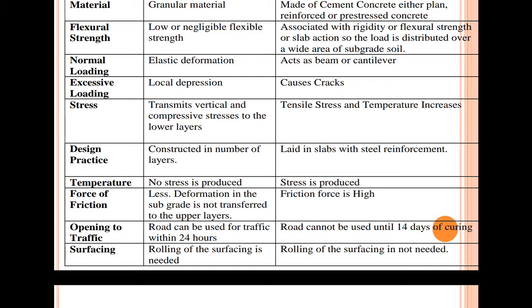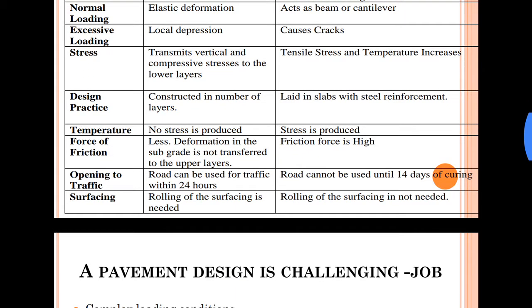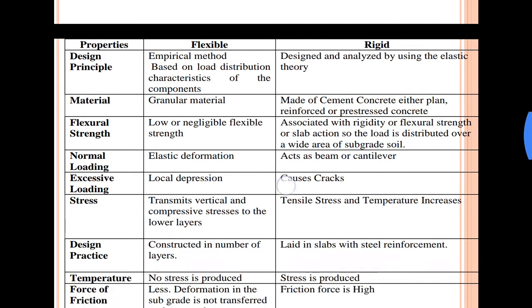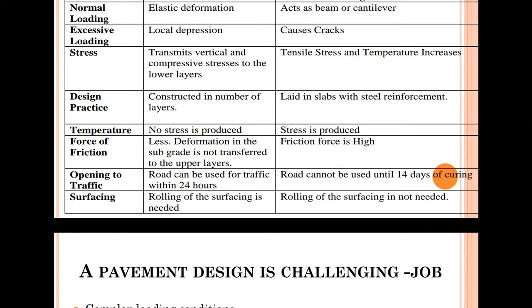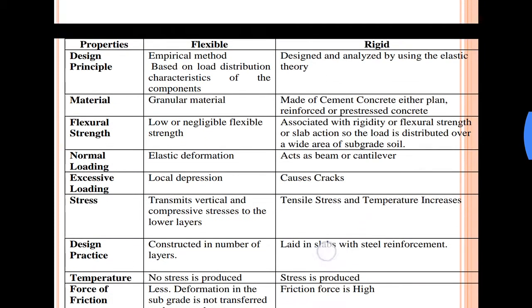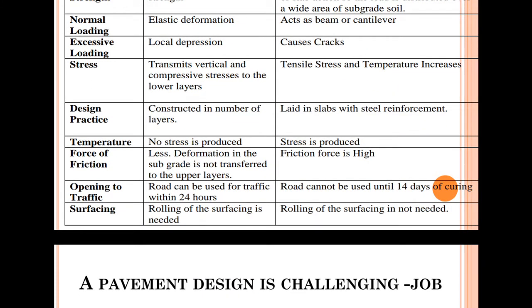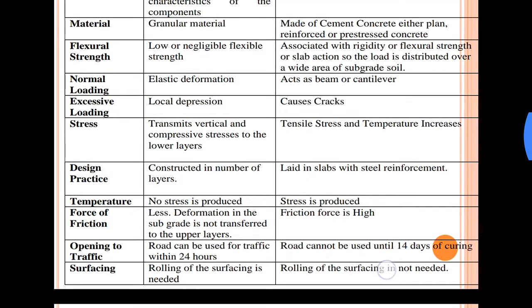Surfacing: rolling of the surfacing is needed in the case of flexible pavement, and rolling of the surfacing is not needed in the case of rigid pavements, since we are casting using frames.